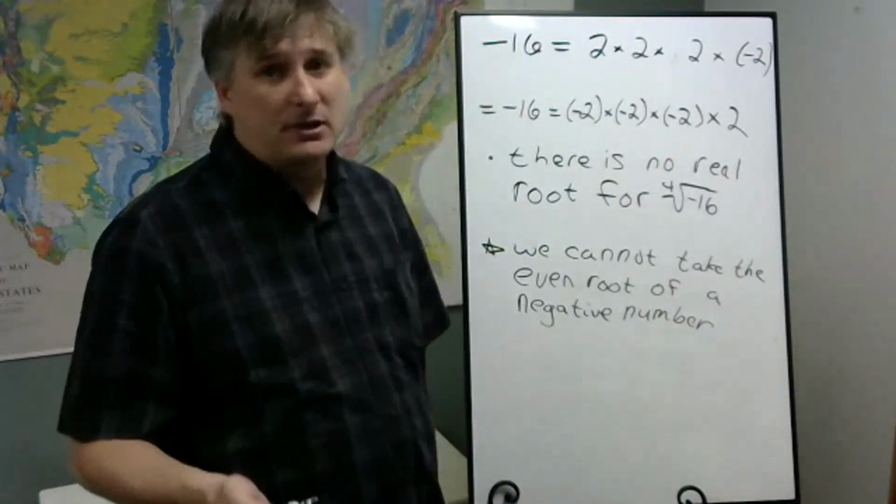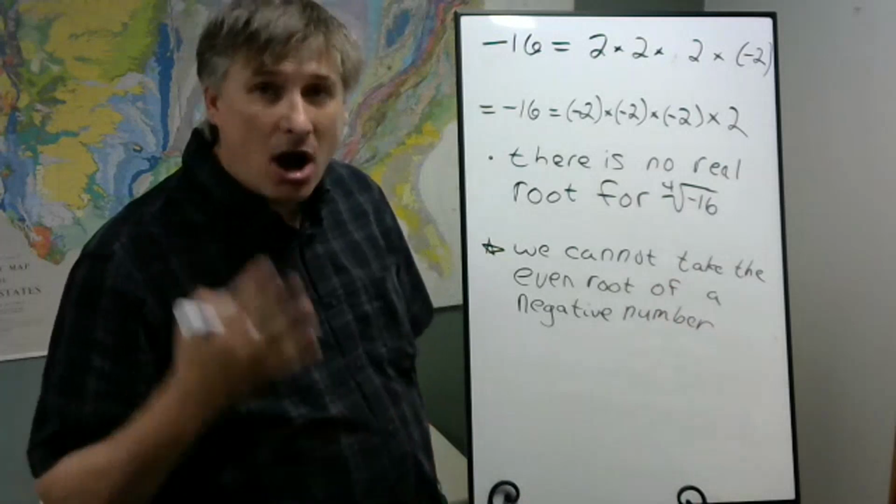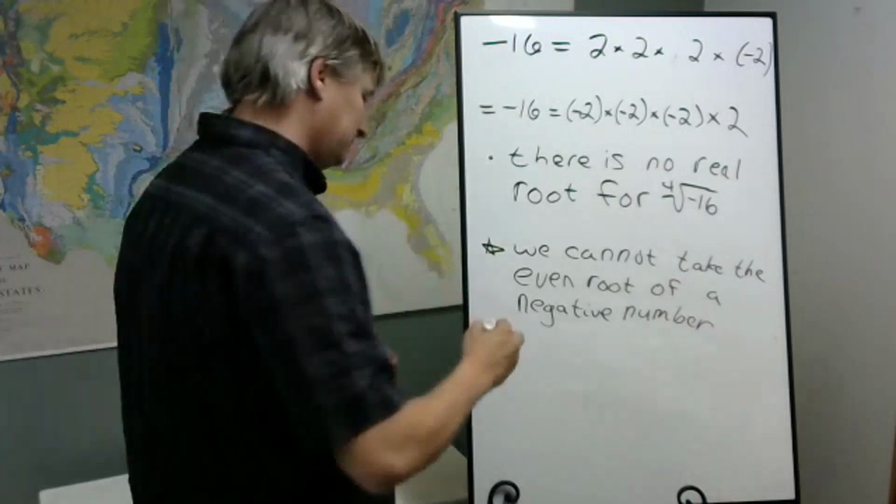Now we have seen we can take the odd root of a negative number.